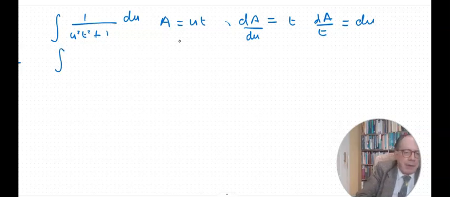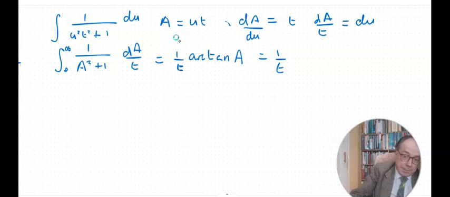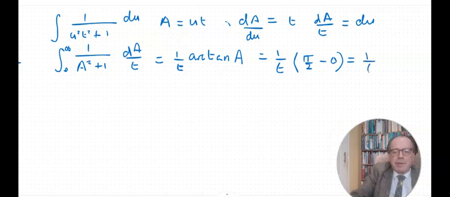So my new integral is 1 upon a squared plus 1 dA upon t, which is 1 upon t arctan A. And if I put in the limits, that is 1 upon t pi by 2 minus 0, which is 1 upon t pi by 2.